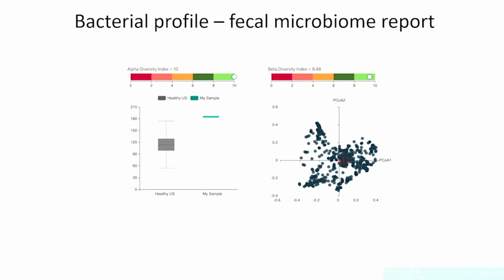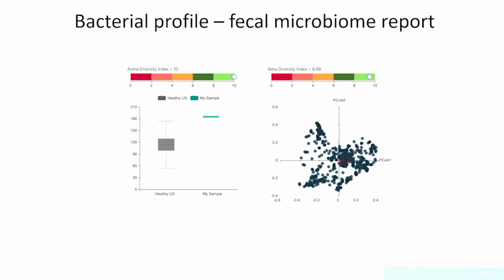It compares your microbiome to the diversity of the overall population, saying, look, your microbiome is over here, and this is the overall population microbial diversity. Also compare how similar is your microbiome to the overall population. Your microbiome is over here, the profile, and this is the whole US population. This is fecal microbiome analysis.